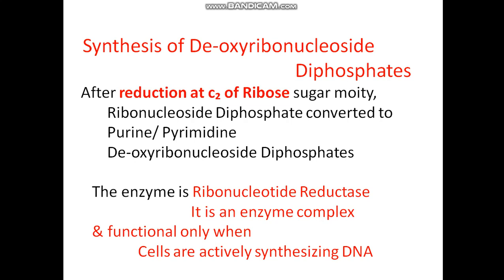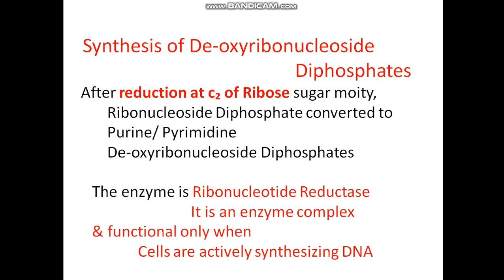Now coming to the synthesis of deoxyribonucleotides. This synthesis occurs at the stage of diphosphates. That means this ribonucleoside diphosphate is reduced at the C2 position of ribose, and then it is converted to purine or pyrimidine deoxyribonucleoside diphosphate.